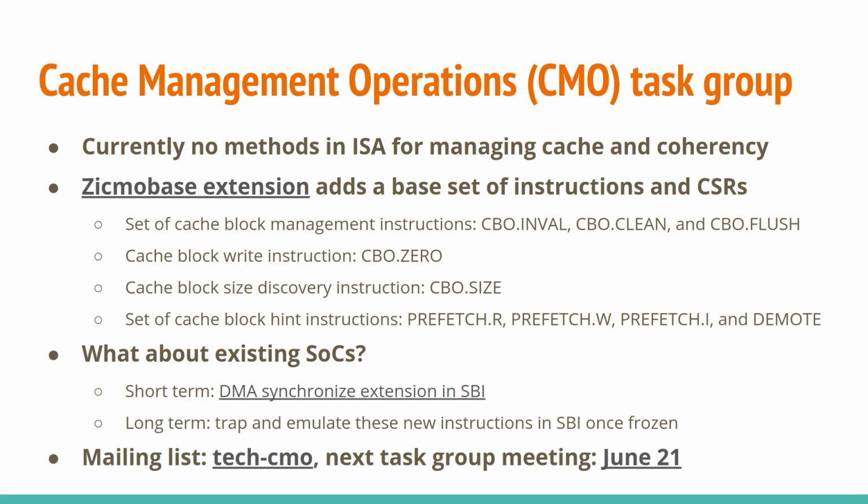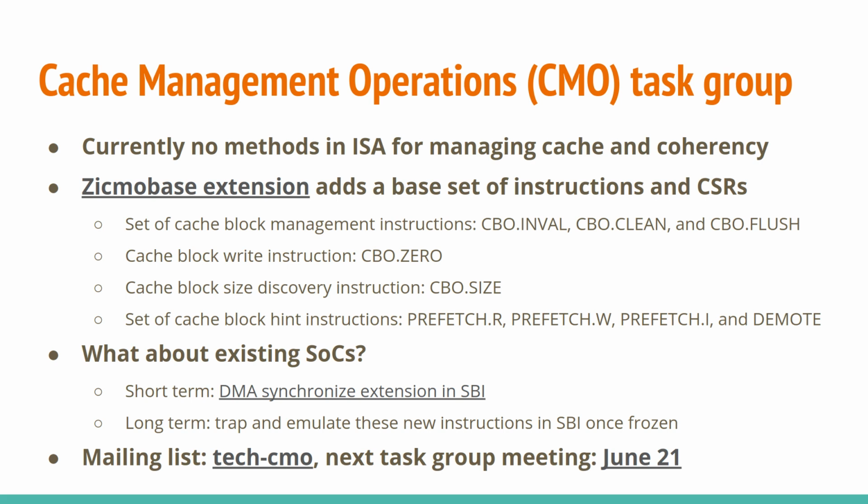So that brings up the question, what do we do about existing SoCs? For the short term, there's been a proposal to add a DMA synchronization extension to SBI. If you remember, the nice thing about SBI is it acts as that abstraction between the operating system kernel and the specific RISC-V hardware implementation. So we can potentially use that to leverage things like adding a DMA synchronization extension.